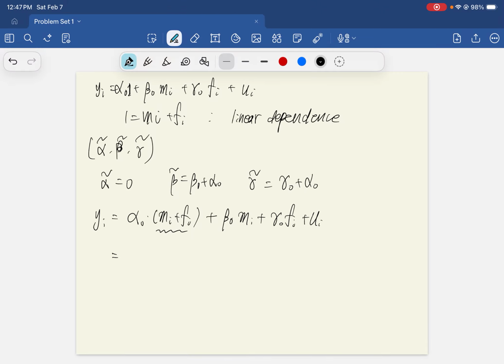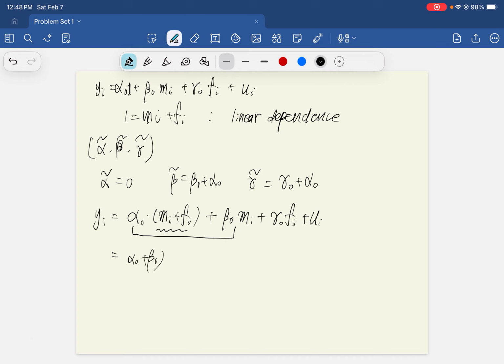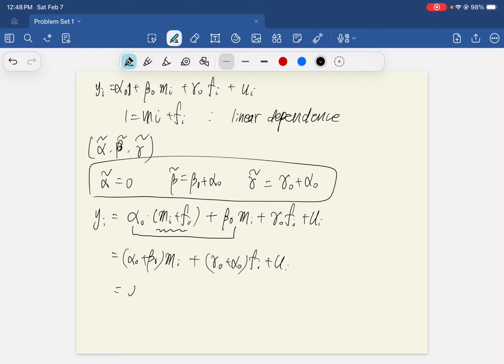Then factor out m this way, and then f. This is exactly my definition: alpha tilde plus beta tilde m_i plus gamma tilde f_i plus u. So in that way we could prove identification failure by showing observationally equivalent parameter values.